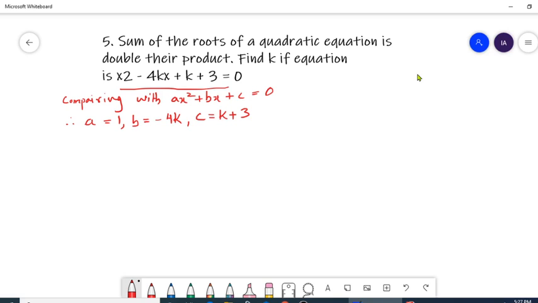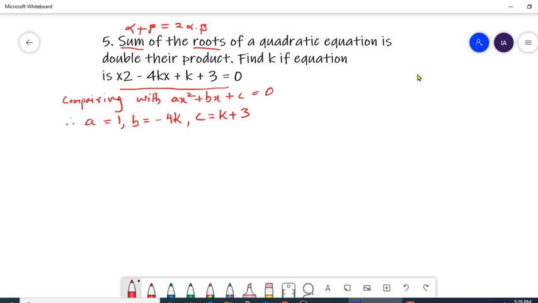Now after getting the values of a, b, c from the given equation, we need to understand the condition given in our question. Sum, here we are talking about the sum of the roots, means alpha plus beta, is double their product. Double their product means alpha into beta. So basically this condition says alpha plus beta is 2 times alpha into beta.